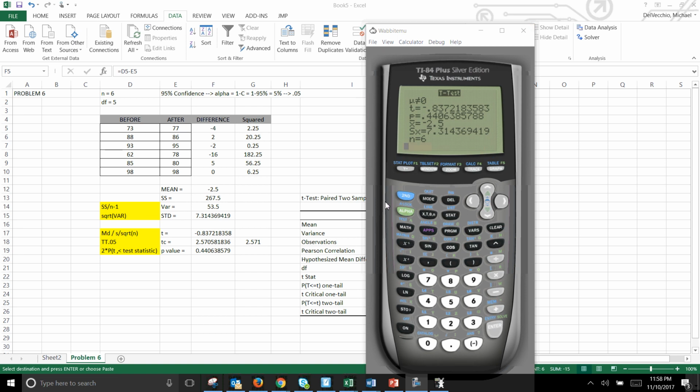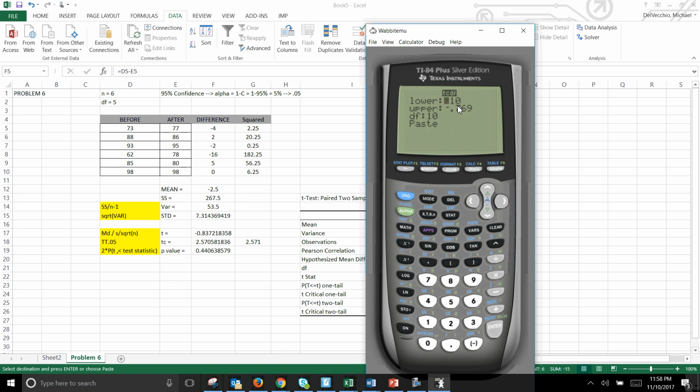All right, the last thing I want to show you is how to get the probabilities and the t-values. So here, let's do the p-value. The p-value was the probability of being less than the test statistic, times 2. So if we go to second vars, we go down to tcdf, okay, and then our lower bound, we could just use something very small, or at least 4 standard deviations away. So -4 would work. We'll use -10. I usually like that.